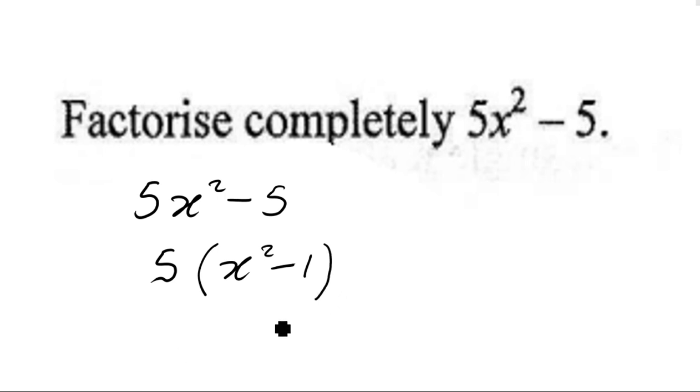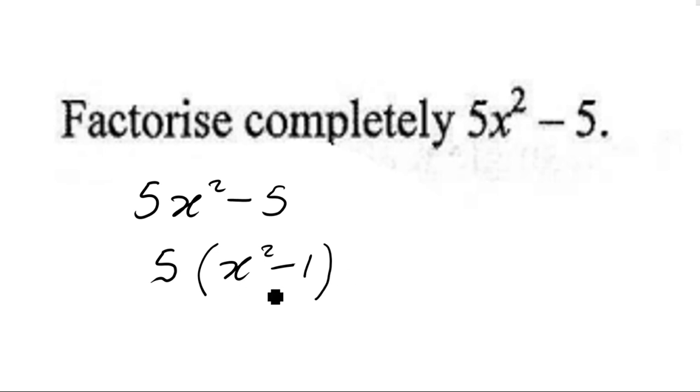Now when I have a situation like this, it means I'm still factorizing. I'm not done, because the expression in the brackets can still be factorized. Why? Because these two terms, x squared and 1, are perfect squares, meaning they have square roots.